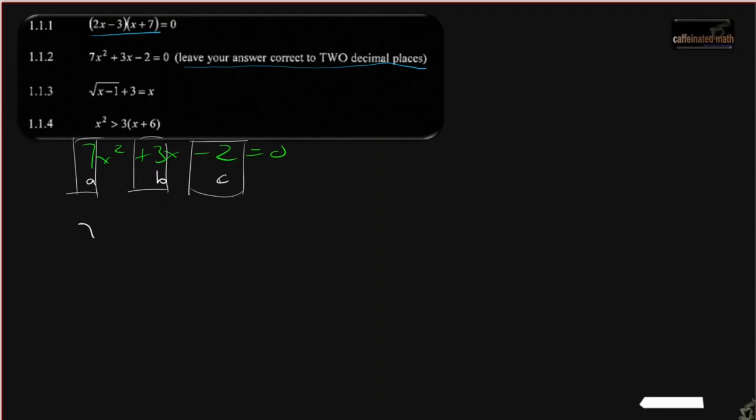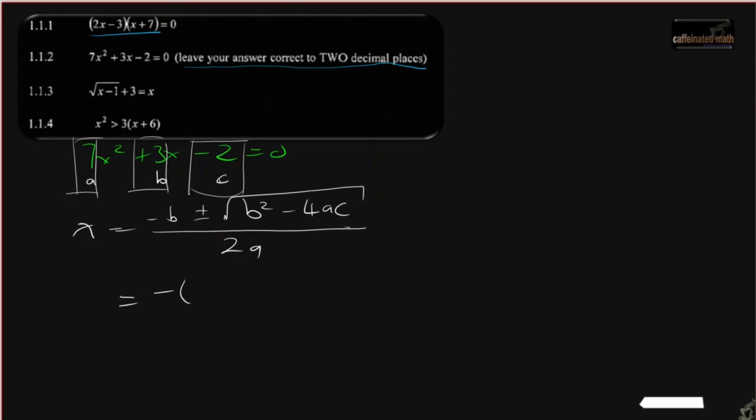Well, of course, we'll have x being equal to minus b plus minus square root of b squared minus 4ac, all divided by 2a. That's equal to minus 3 plus minus square root of, well, what's b? Well, it's still 3 squared minus 4 times a, which is 7, and c, which is negative 2.